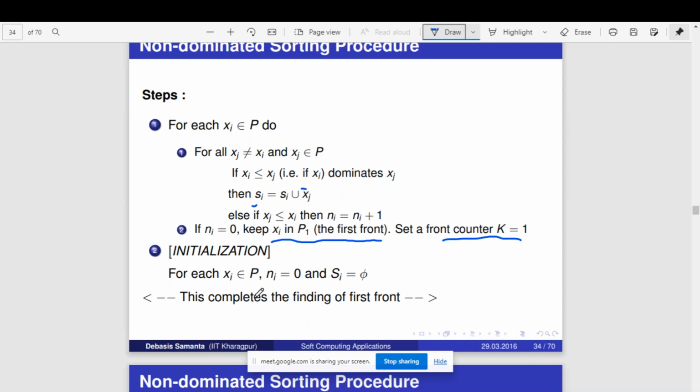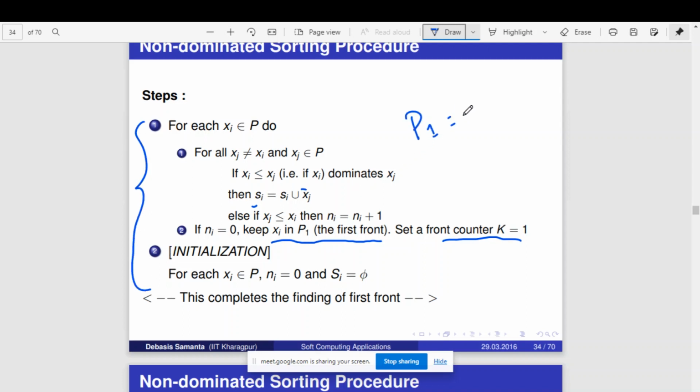So this will identify the first front. So it will identify all the individuals in which front? First front. After executing this entire algorithm, what will be in P1?